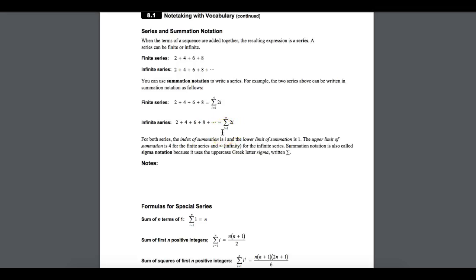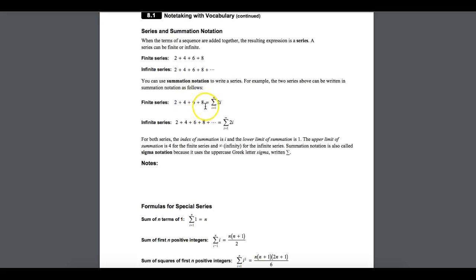So we have our rule on the right-hand side, which, in this case, our example is just the even numbers. So our rule is 2I, where I is just the index of each value. So this first one would be our first, so I equals 1. This is our second, I equals 2. Third, I equals 3.